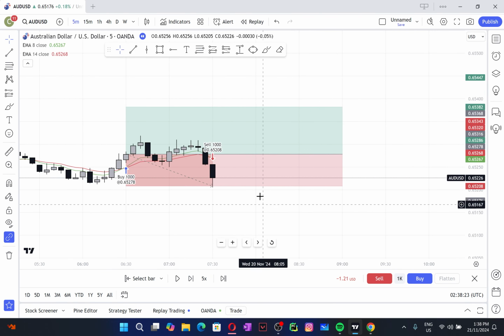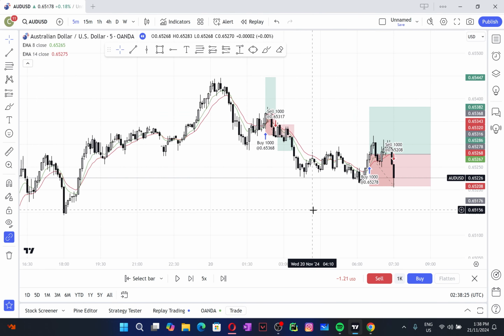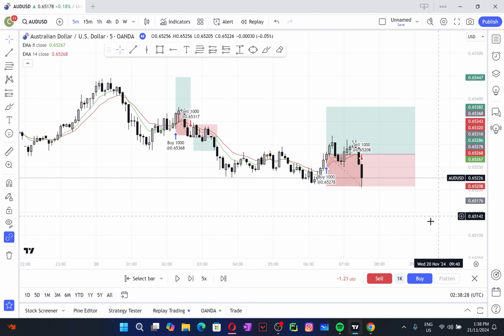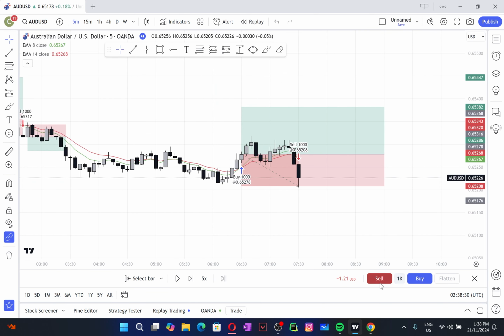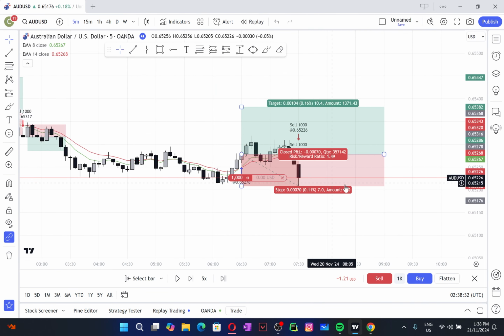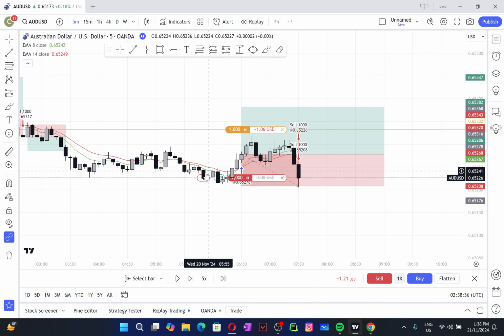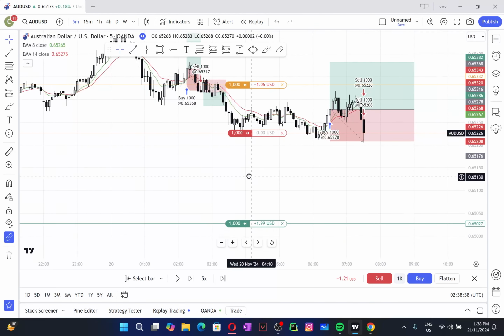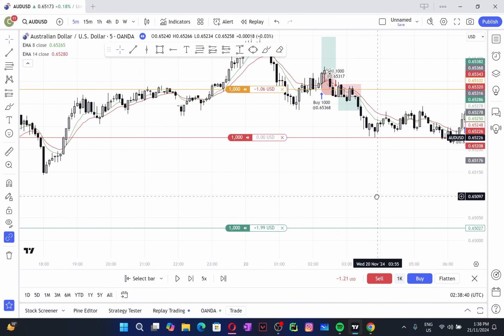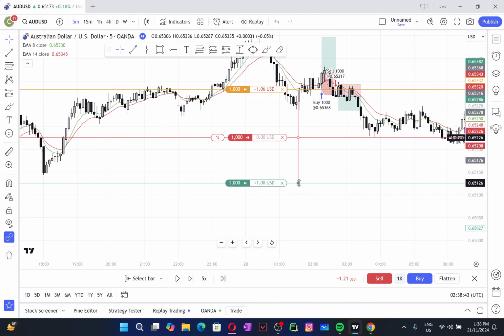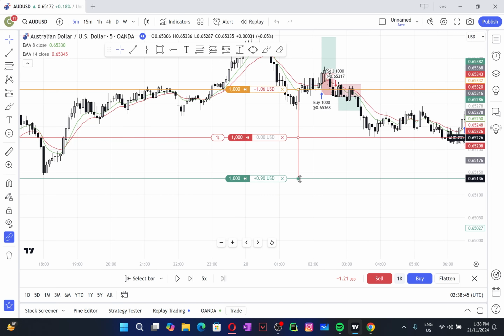Okay, so the market has touched that, so maybe the graph would again go all the way down. So we're gonna have our sell position with our stop loss around there and our take profit till around there.